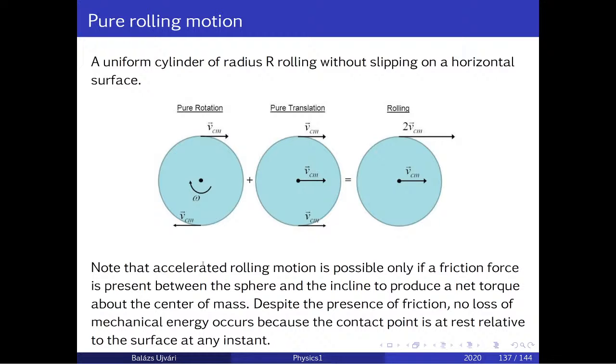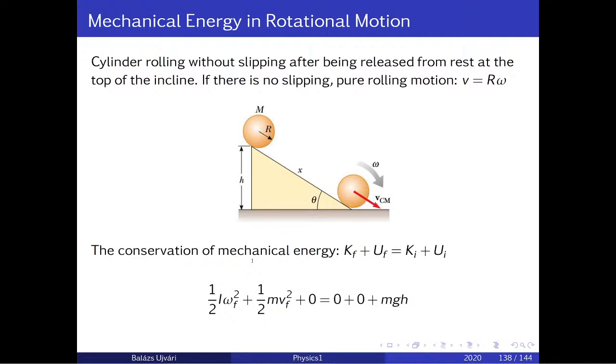So in both cases the body moves. In the incline plus blocks example, if the friction was large enough, the body didn't move at all. But in this case, large friction means pure rolling, small friction means non-pure rolling. You will understand it better by calculating something.